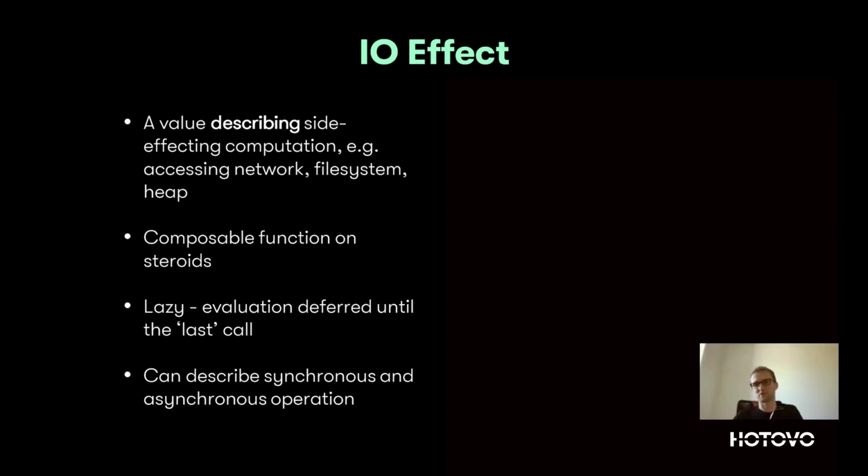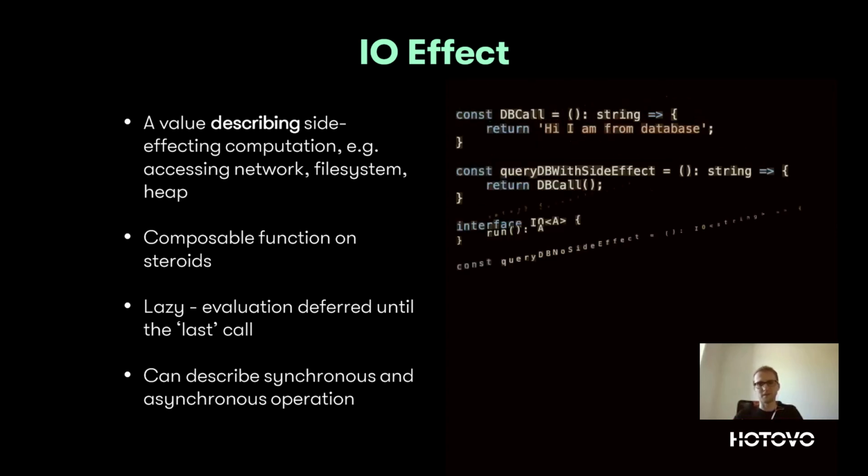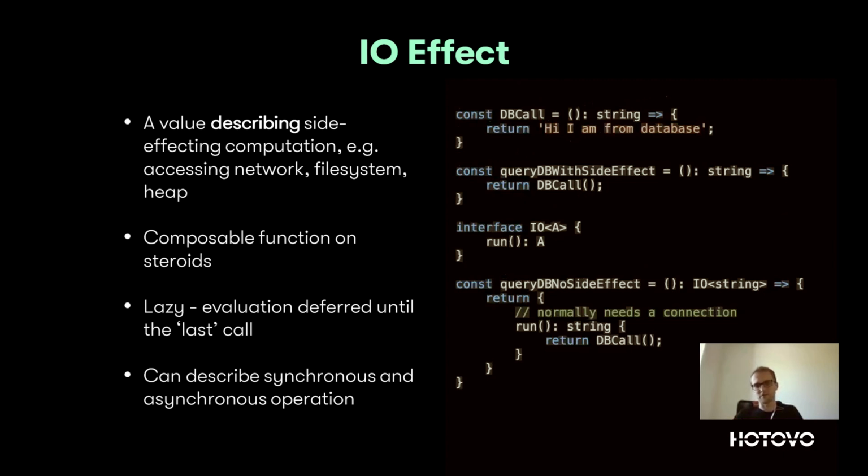And that description is, really overly simplified, a function that I can call. So the whole program is just a composition, a sequence of functions that I can evaluate. And this IO effect can describe a synchronous or asynchronous operation. So this is really a simple example.